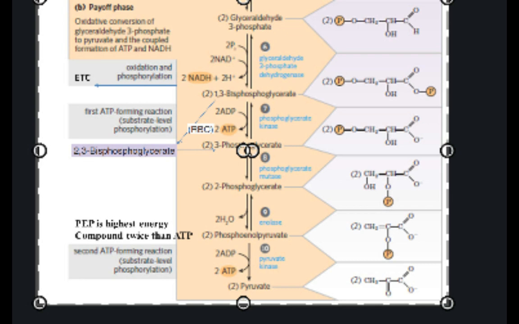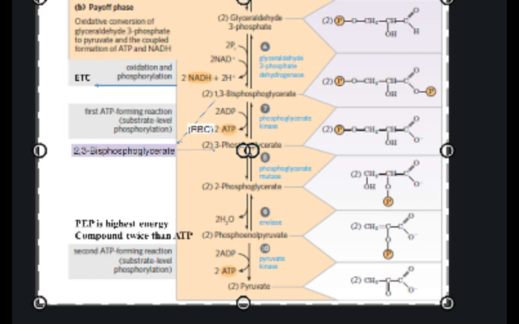It means when one glyceraldehyde 3-phosphate is converted into 1,3-bisphosphoglycerate, one NADH will be produced, and then another glyceraldehyde 3-phosphate will undergo the same process. So it will create two NADH, and these NADH will enter the electron transport chain, which we will study next, and it will produce ATP.